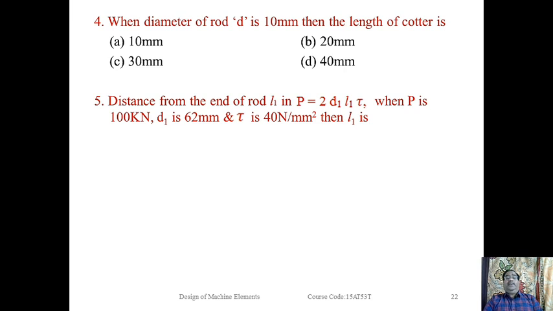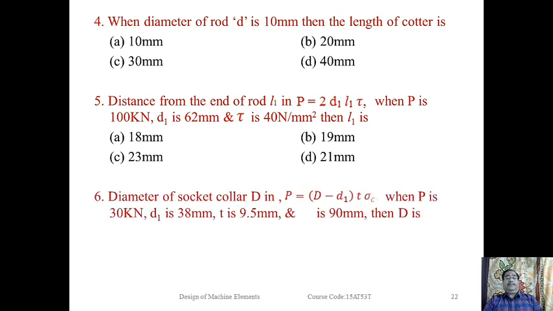Then the value of L1 is: A, 18 mm; B, 19 mm; C, 23 mm; and D, 21 mm. Substituting the values of P, d1 and tau, the value of L1 comes 21 mm. So D is the correct answer.